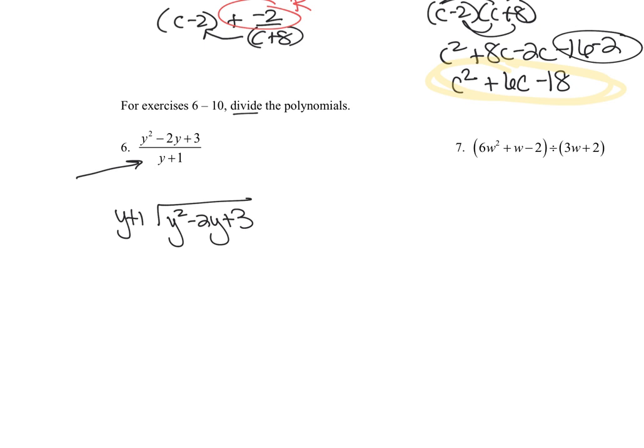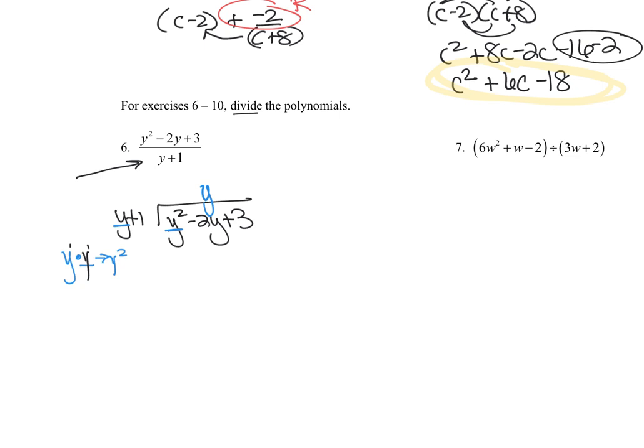So let's go through the whole steps again. I'm going to be looking at just the y, and I'm going to take the first term. I have y. I need to multiply by something to get y squared. What would that need to be? A y, right? 1 times 1 makes 2 of them. So I'm going to multiply by y, and I'll put it over the second term because there's two terms here.